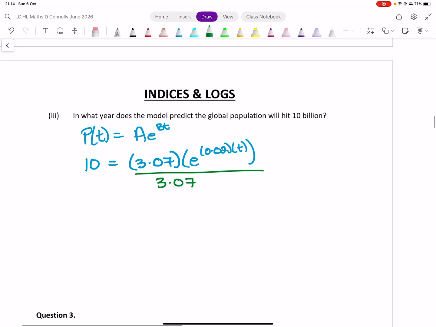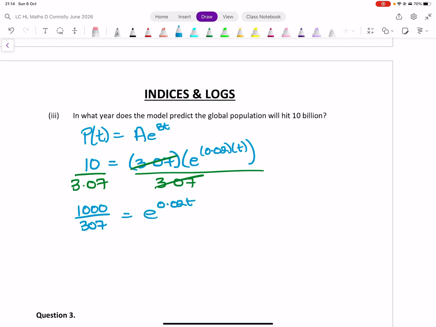So if I divide by 3.07, again, it's not great, so we'll leave it as a fraction, equals e to the 0.02t.